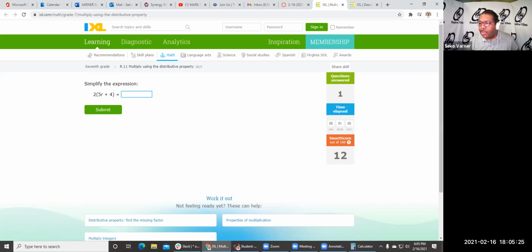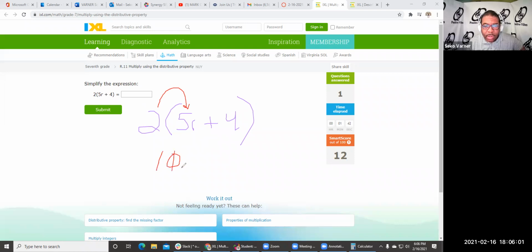I did 3 in class today, so we'll do 3 in class here. So it's 2 times 5r plus 4. Once again, when you distribute, you're going to multiply by the number outside, or the letter, whatever is outside of the parentheses, and it's going to multiply everything in the parentheses. So 2 times 5r, 2 times 5 is 10.